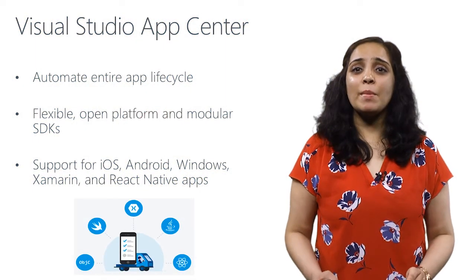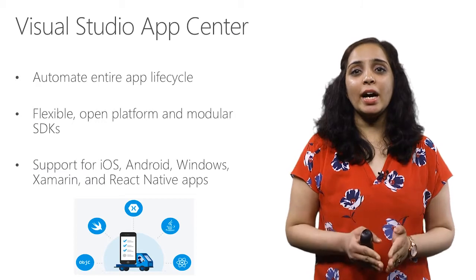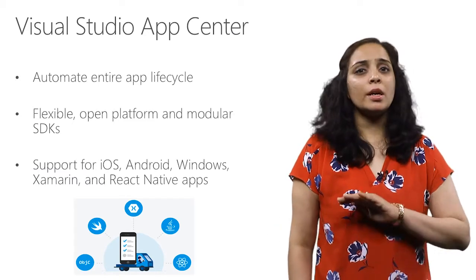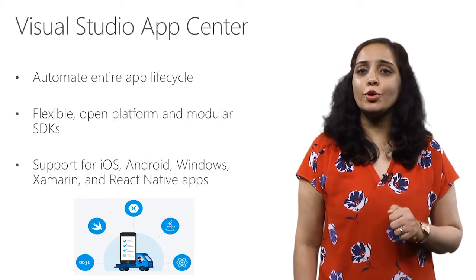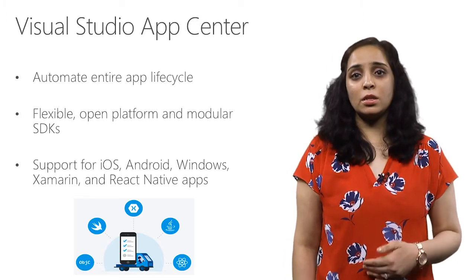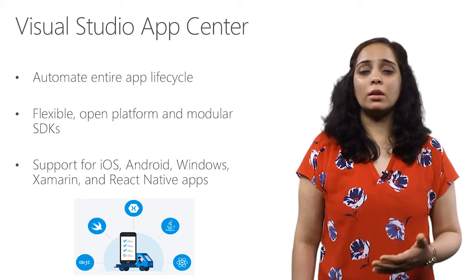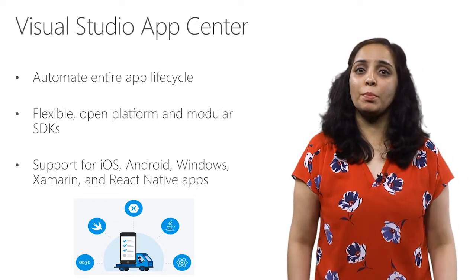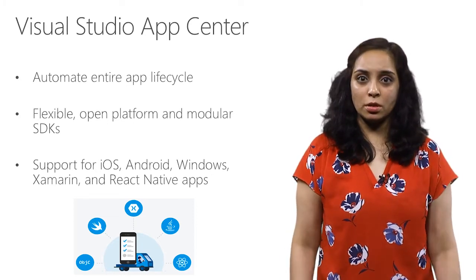Now, the main aim and intent of App Center is to streamline the entire DevOps pipeline for mobile application developers, right from building your application in the cloud, testing and distributing your application to a group of people, beta testers, trusted stakeholders, your friends or family, or understanding your user base, getting all those crash reports from the people who are using your application, and also engaging with your users.